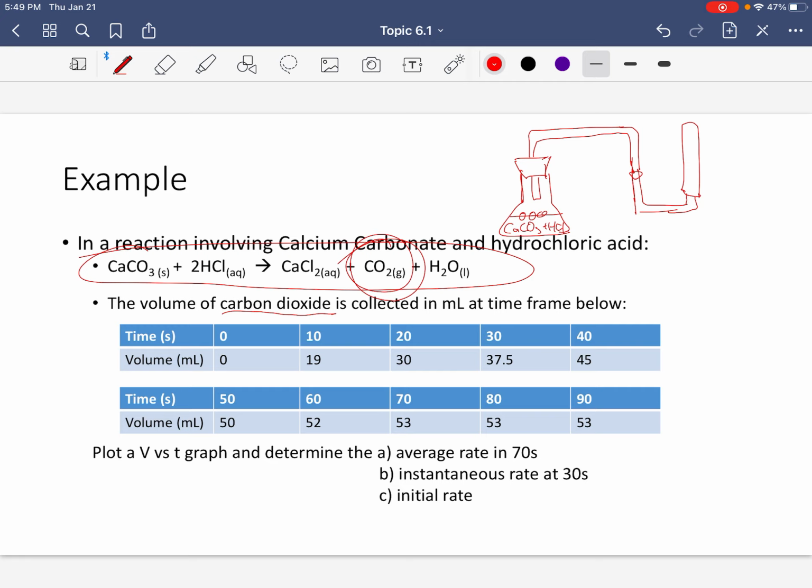Inside this test tube could be water. So all the gases being made are going to be indicated here. All the CO2 that you made here will come up this tube and bubble up this solution and create gas. And obviously you're measuring how much gas is being made as time goes on.